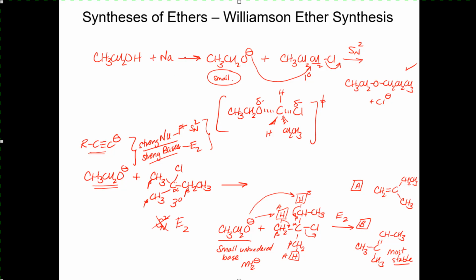So Williamson ether synthesis can be done, I'm going to say, with primary and secondary halides. But once you get to a tertiary halide that's hindered, it's going to do E2. So that's a limitation on the Williamson ether synthesis. Okay. So that's one of the ways to make ethers.